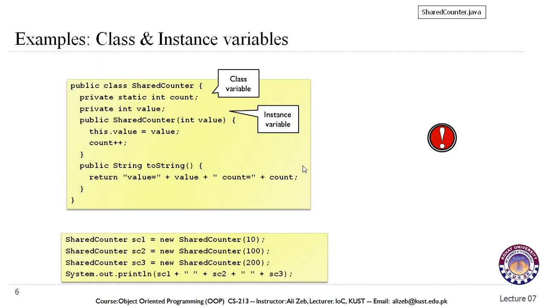An example application of the static variable can be seen in this example, if we need to count the number of objects that have been created for a class. For example, if you have a student class and you are asked to count the number of students.